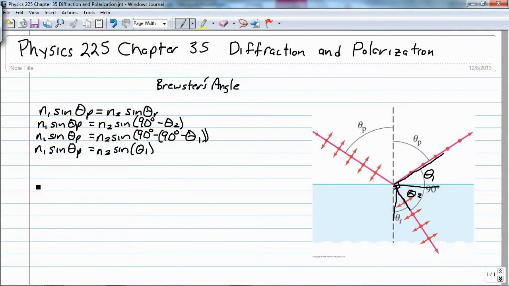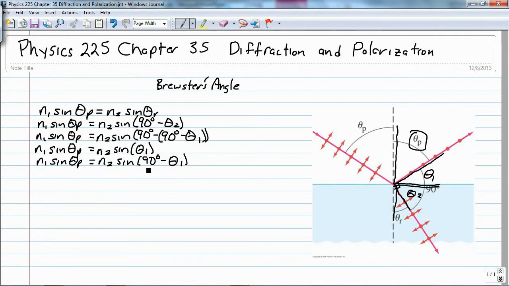But theta 1 is complementary to theta p, because the reflected angle is going to be the same as the incident angle. So now I have n1 sine theta p is equal to n2 sine of 90 degrees minus theta p.